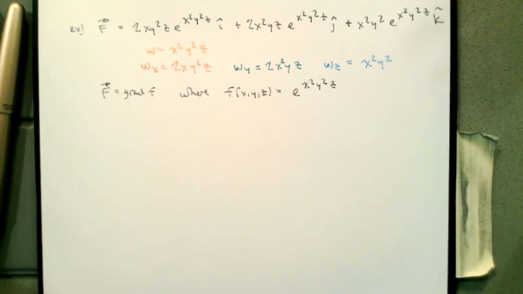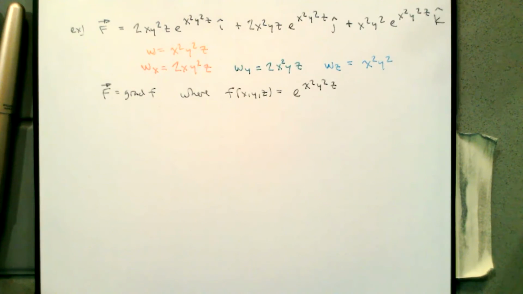So if we wanted to find a line integral of some piecewise smooth oriented path through this vector field, we would just have to evaluate this potential function at the endpoints of the path.